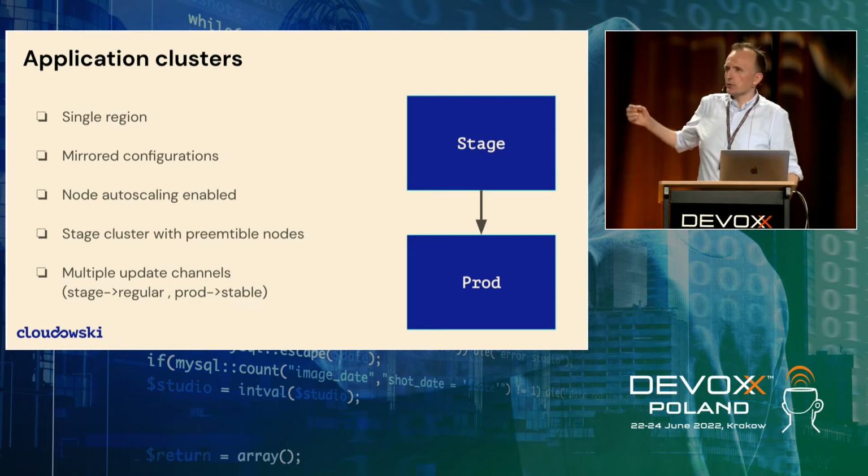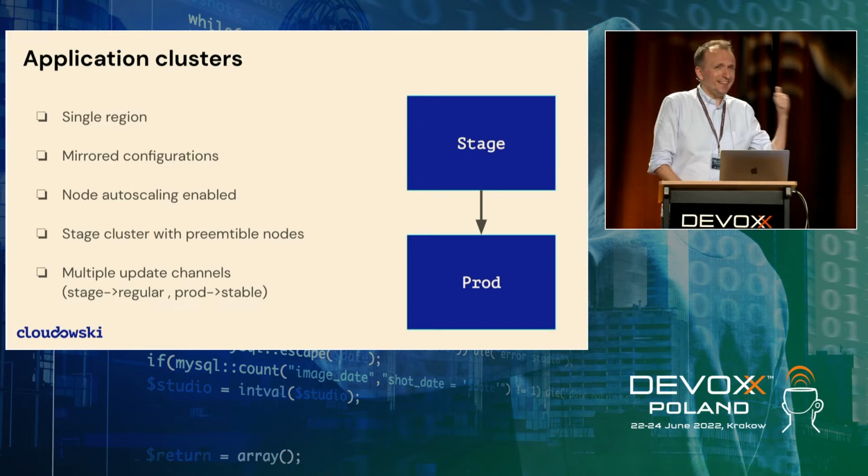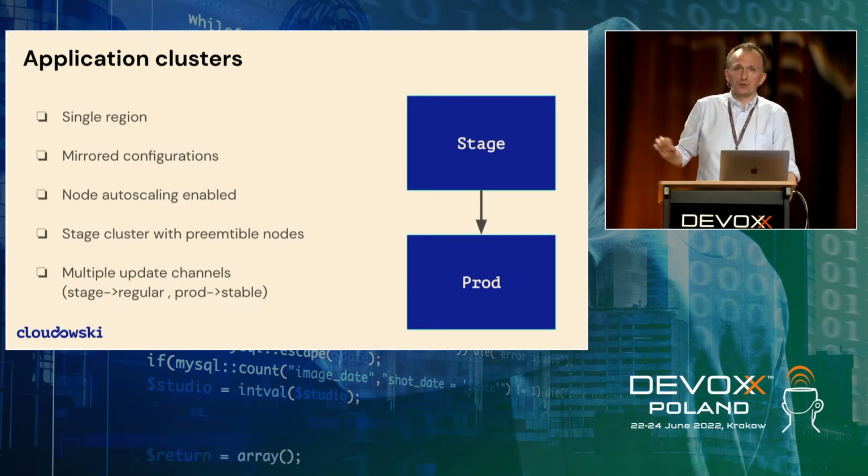So we use stage environment a lot, for all of the testing and all of the end-to-end tests and performance and so on. We also use update channels, which is a funny thing, because by using this auto-upgrade feature, we caused the outages.